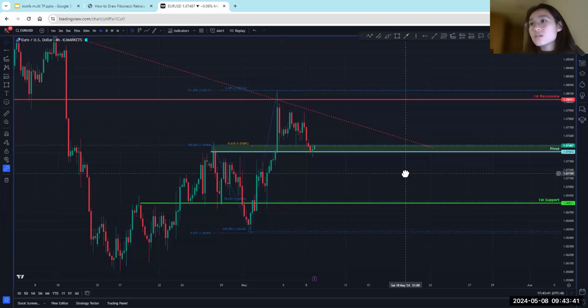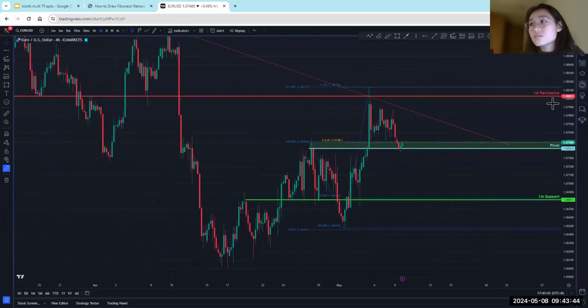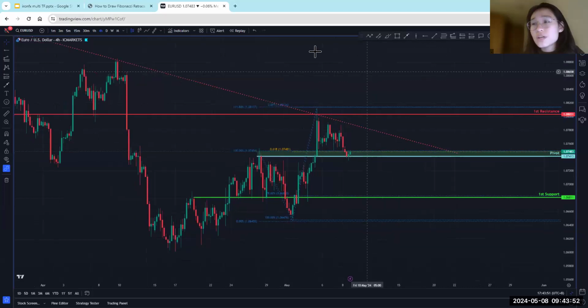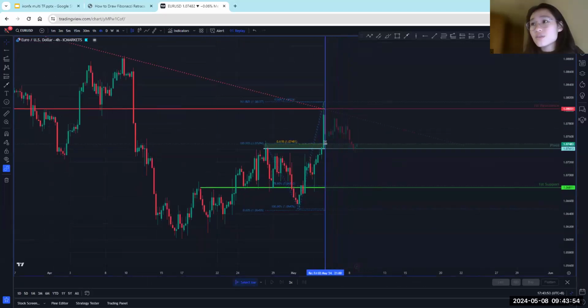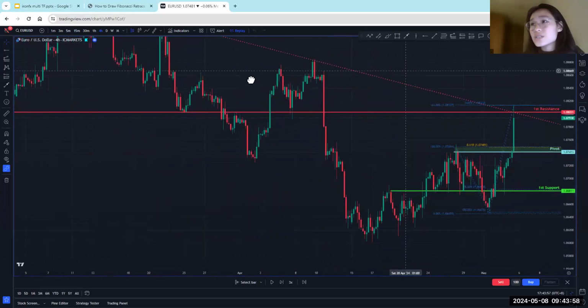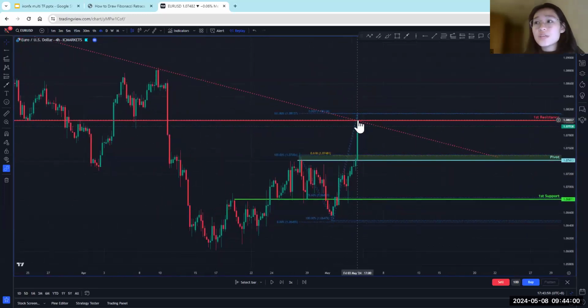And this is the Nike level that we were talking about earlier. So you can see once price hit it, we would expect it to drop, especially since it's in line with this descending trend line.